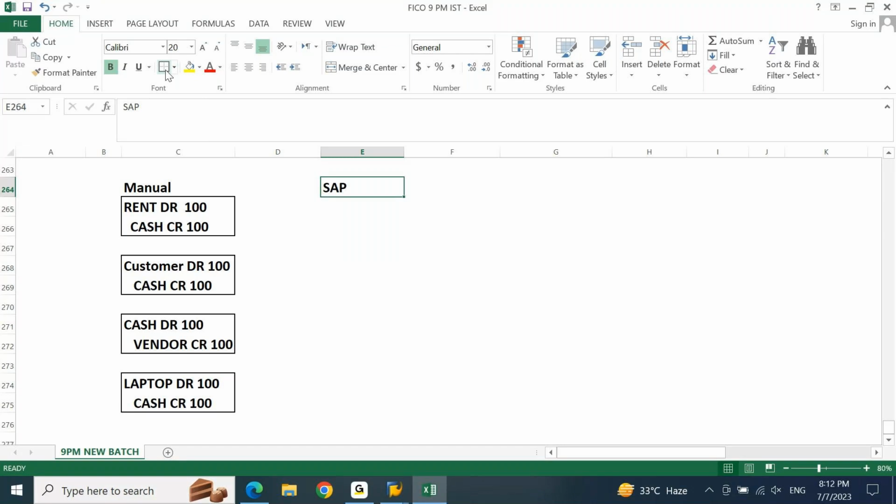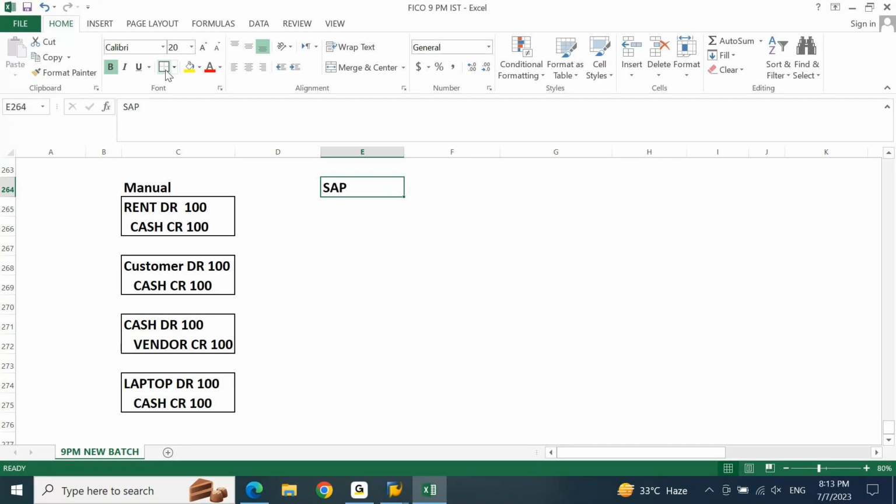When it comes to SAP, you cannot represent DRCR to indicate whether it is debit or credit. Instead, you need to represent based on the account type, whether it is GL account, customer account, vendor account, fixed asset account. Before you write the accounting entry in SAP, you must first be aware of which account to be debited, which account to be credited.